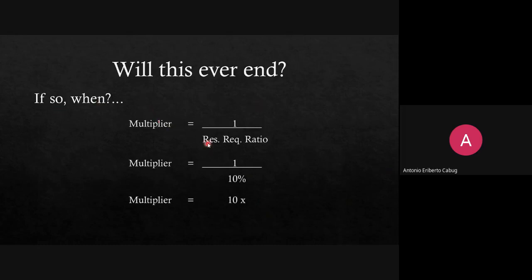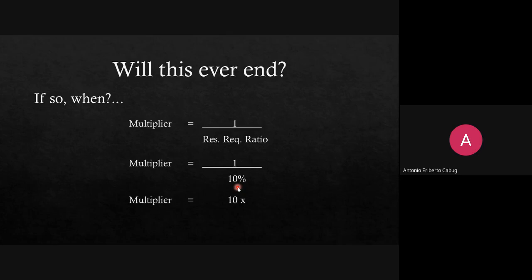If so, when? We have the multiplier formula here. The multiplier is 1 over the reserve requirement ratio. Yung 100 pesos, magkano yung magiging total money supply? If the reserve requirement ratio is 10%, 1 over 10%, the multiplier is 10 times. Yung 100, magiging 1,000.